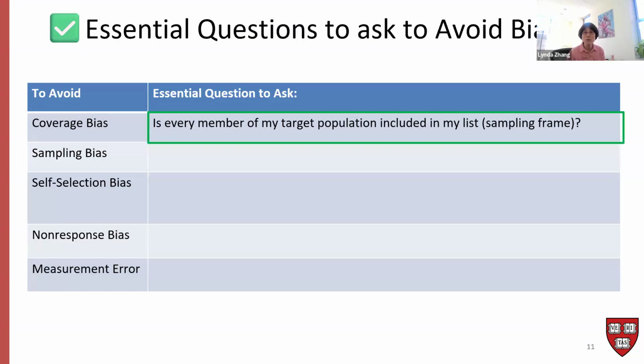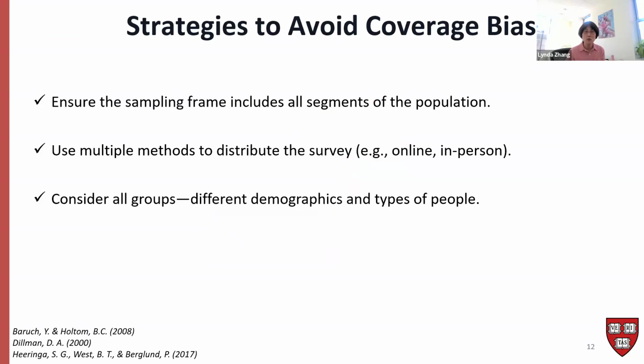So the essential question to ask in order to avoid coverage bias is: is every member of my target population included in my email list, which is my sampling frame? The strategies to avoid coverage bias are to make sure your sampling frame, your survey email list, includes everyone in your target population, not just those who used your service.